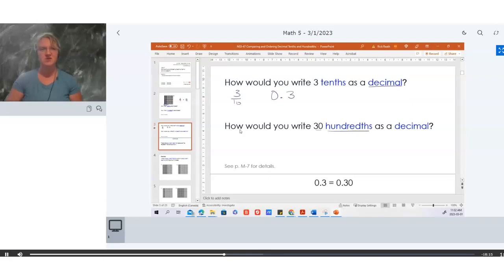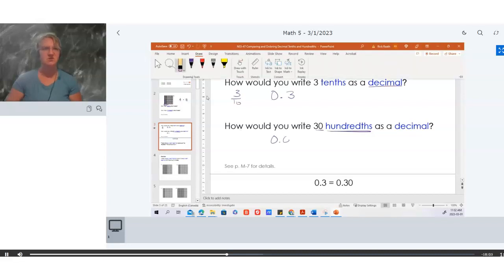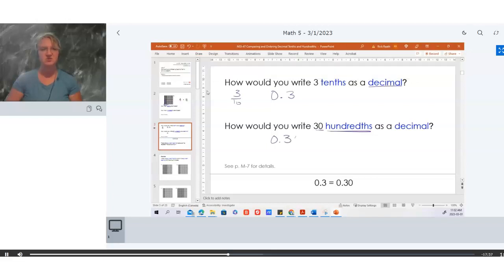If we wanted to write 30 hundredths as a decimal, we need to make sure that 0 gets into the hundredths place. We would write 0 decimal 3 0, and that puts the 0 in the hundredths place.